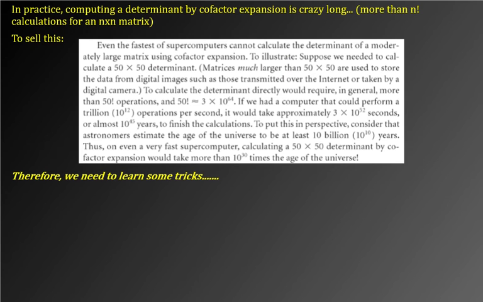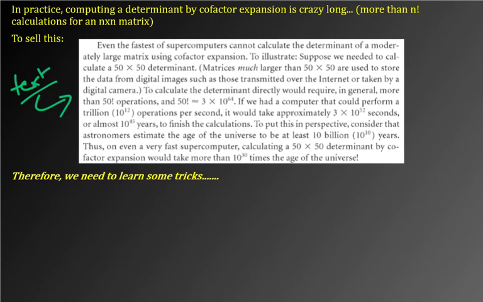All right, so this is something straight out of the textbook, and it's just a neat thing that I wanted to make sure you guys saw. Computing these determinants is a crazy long computation.